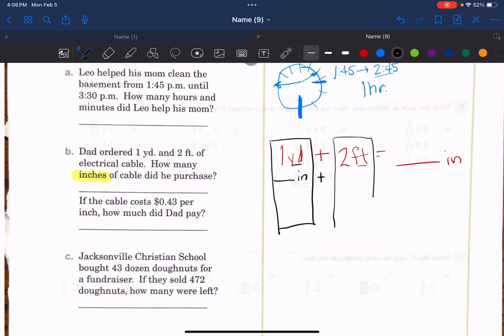So there's another box. I'm going to make it say inches though, equals blank inches. So now when I'm solving this, I'm going to be solving for the green line because those are all in inches. So I would go through and I would do my steps.